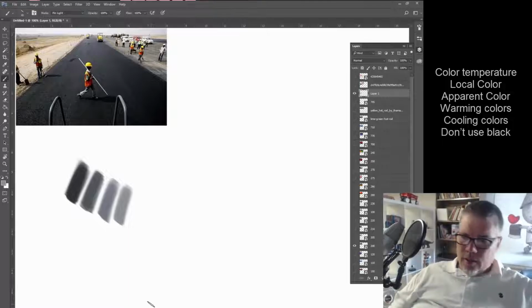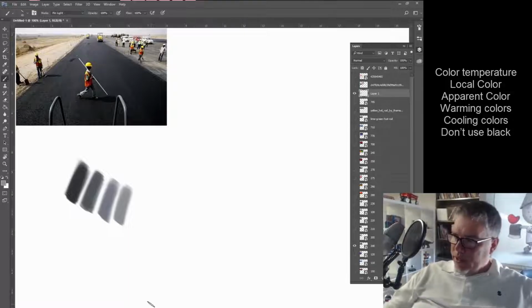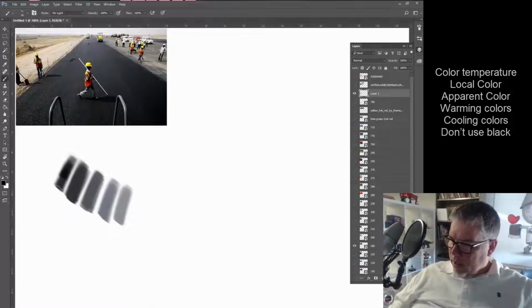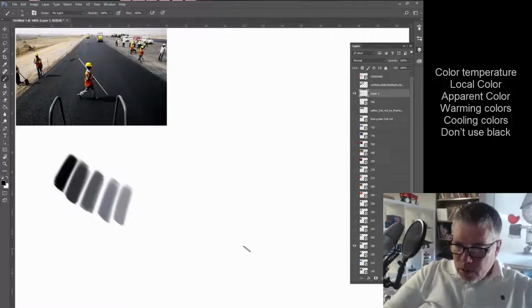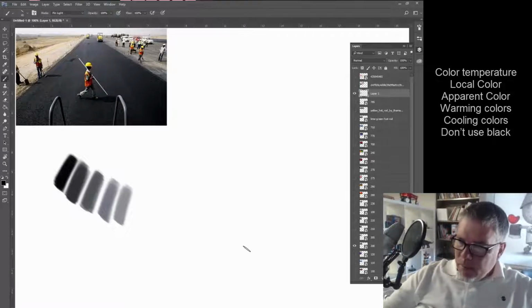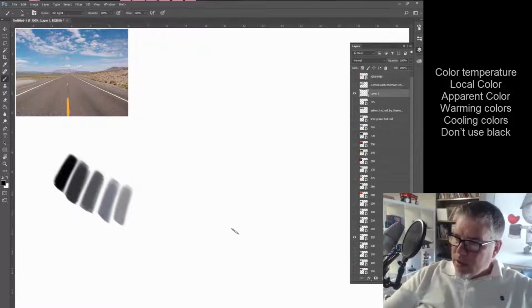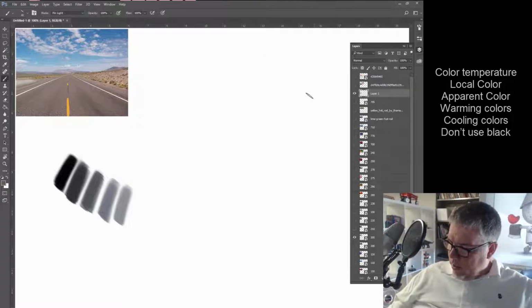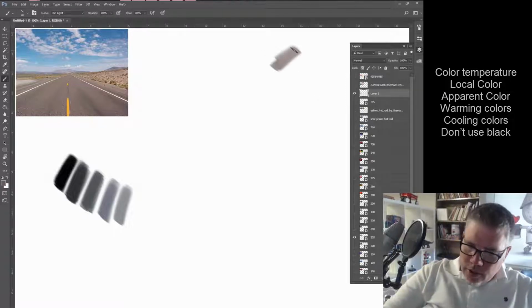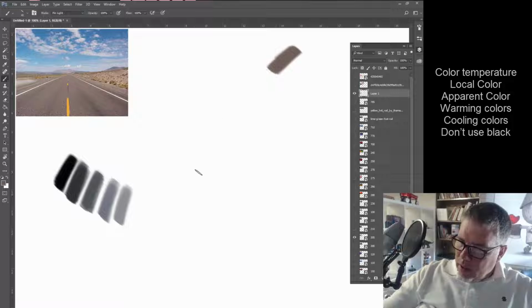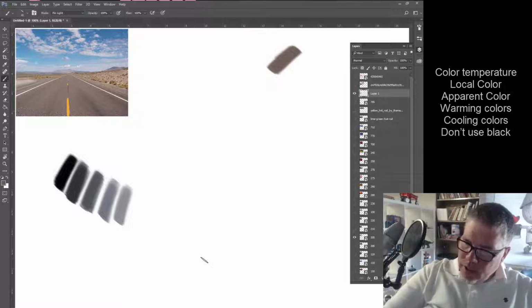Maybe down in this corner it's even blacker. But let's look at some different road surfaces, right? So here's one. We'll just pull out some colors. Maybe we'll put them over here. So that's the color of blacktop when it's faded a little bit. Here's the color of blacktop when light is influencing it.